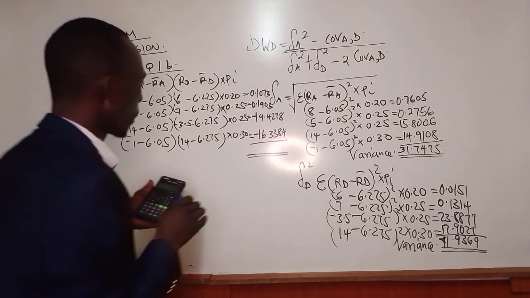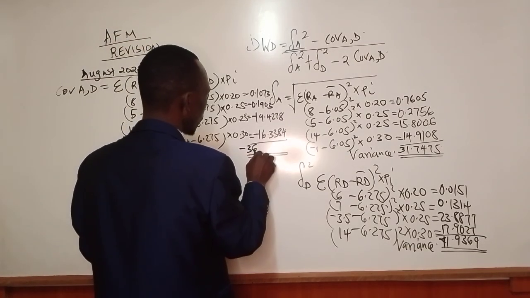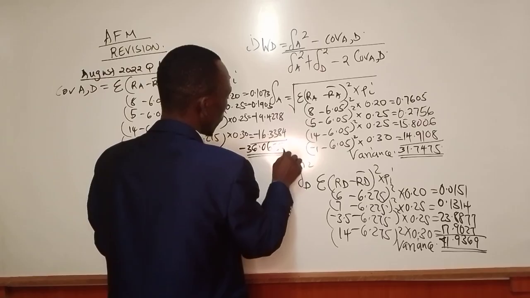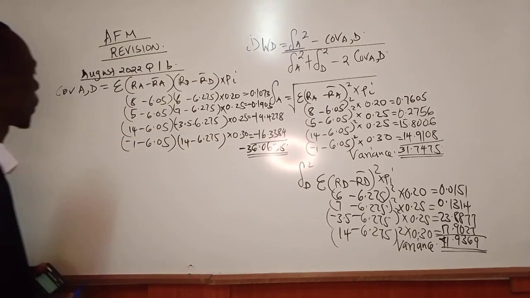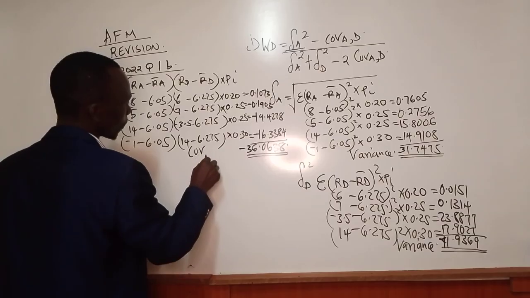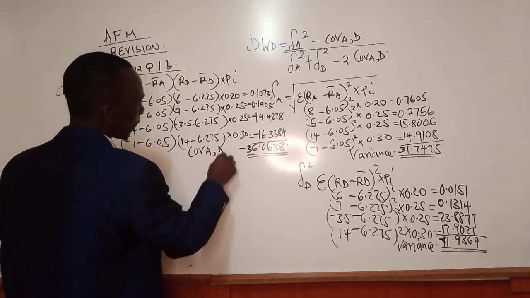So the total will be minus 36.0638. That is what we have. That is our covariance of A and D.